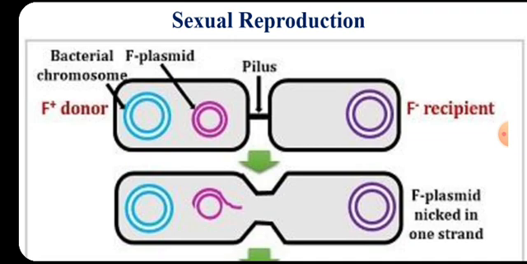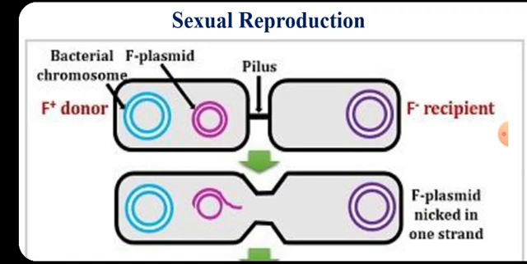F stands for fertility factor. So this organism has this F plasmid, which is shown in pink color. This is the extra chromosomal DNA present in the cell. So this cell will be called an F plus cell or the donor cell.